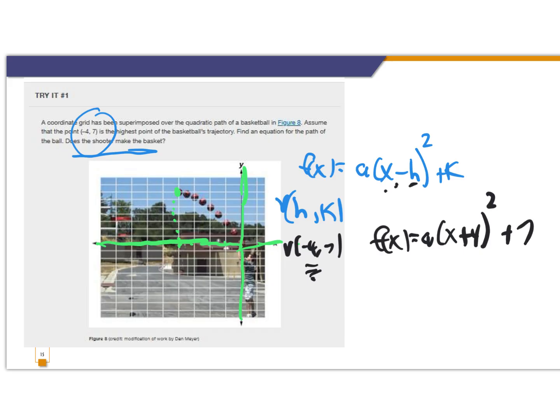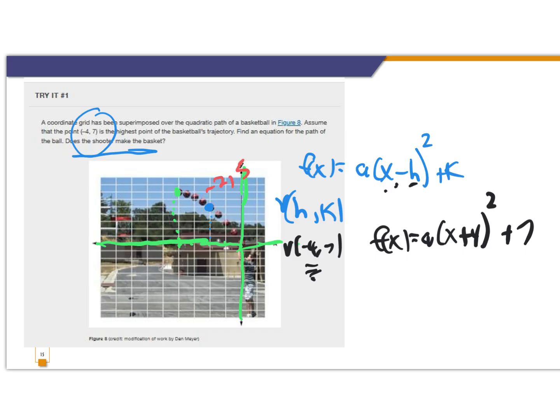Now, this doesn't mean much to us because we need another point. So I'm looking at those basketballs, trying to find one that I could use as a good ordered pair. And I see one right here. It's a perfect point. That looks to me like negative 1, negative 2, and we're going up 1, 2, 3, 4, 5. That point is negative 2, 5.